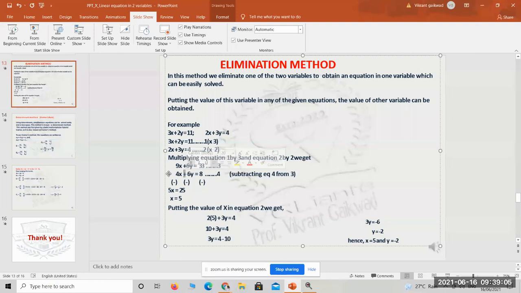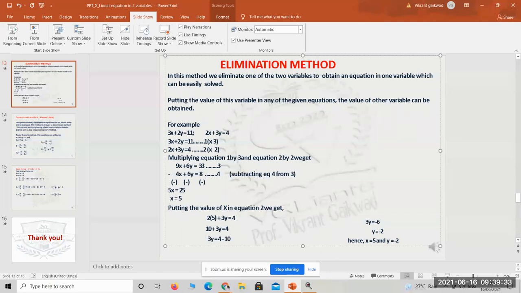The minus sign changes the sign of the terms in the fourth equation: plus 4x becomes minus, plus 6y becomes minus 6y, and plus 8 becomes minus 8. So 6y cancels off. You'll be left with 5x equals 25. So x is equal to 5.